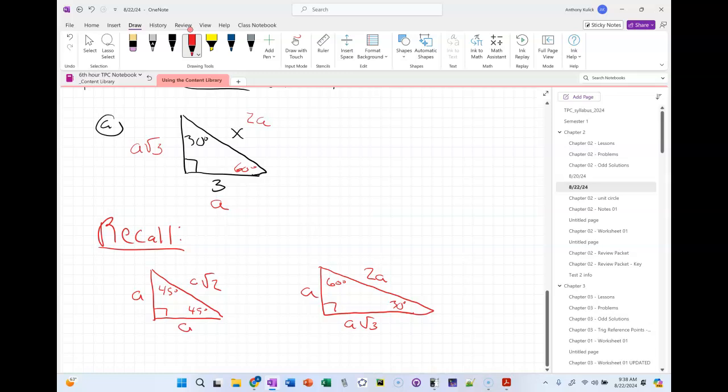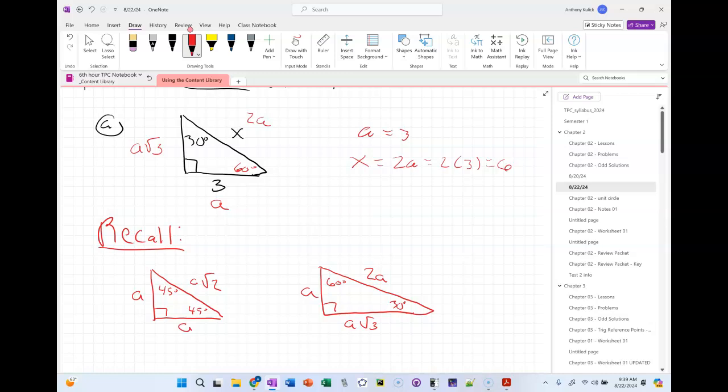And the hypotenuse is the 2A side. Is everybody okay there? Now I see from my drawing that A is 3. And I know X is 2A, so that's just 2 times 3, or 6, and I'm done. Does that feel okay with what I did there?